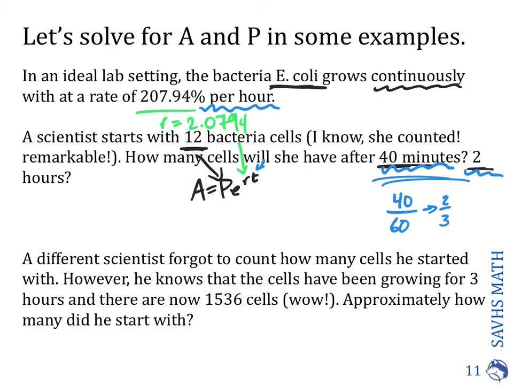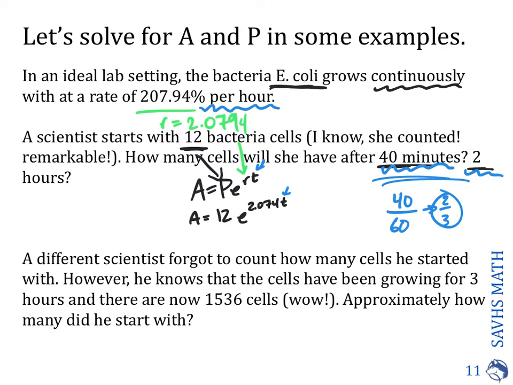So you're going to use 2/3 as your T here, not 40. If you put in 40 there, that would mean 40 hours in this context. Okay, so A equals 12 E to the 2.074 T. And you're going to put in this 2/3 here.